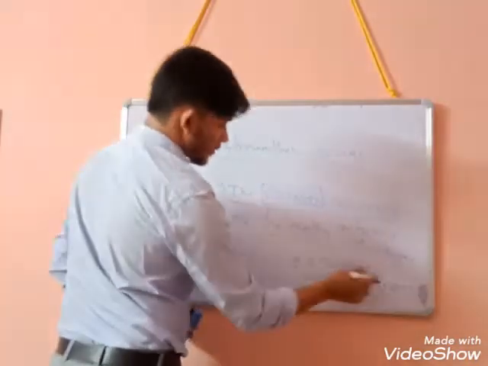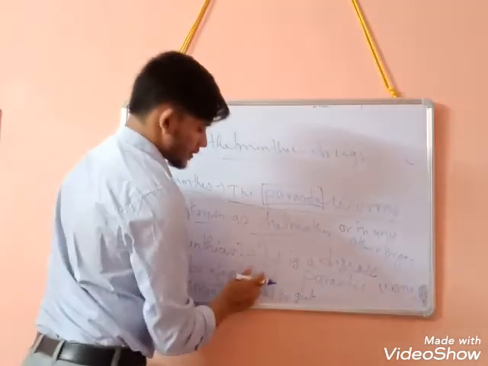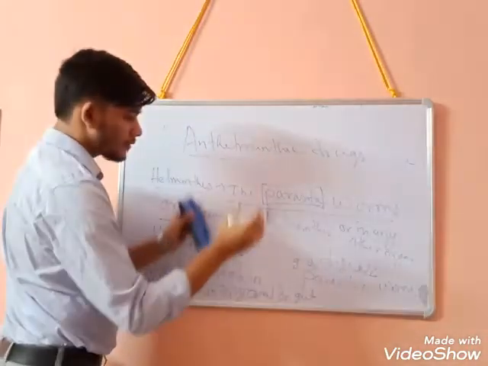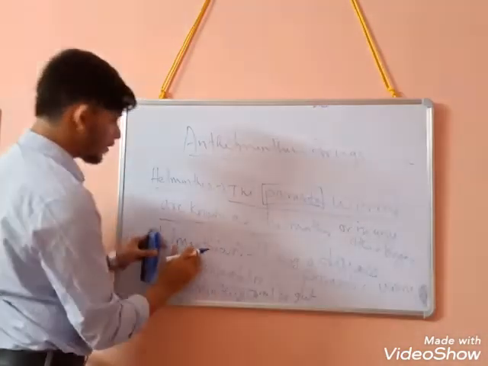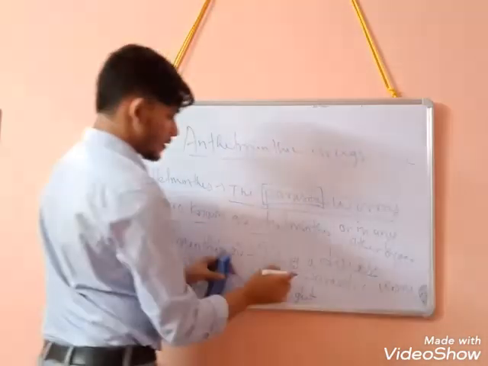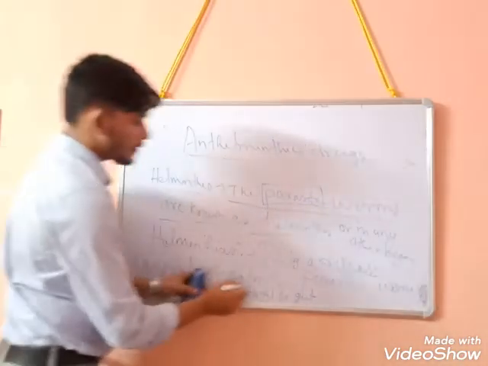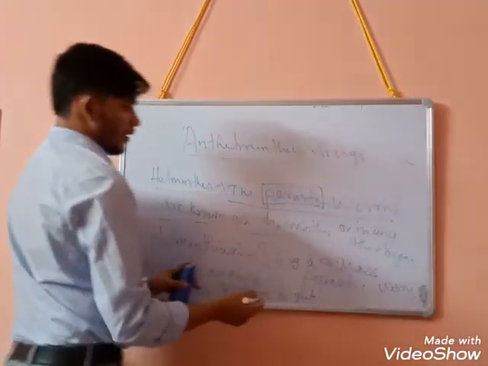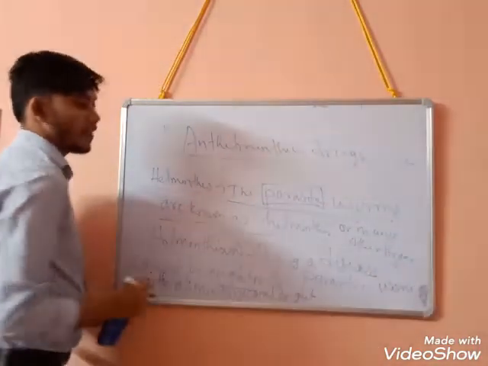So helminthiasis is a disease caused by infestation, that is, localized accumulation of some worms or some microbes, here worms only, infestation of parasitic worms in the alimentary canal or gut or in any other organ or tissue of the body.